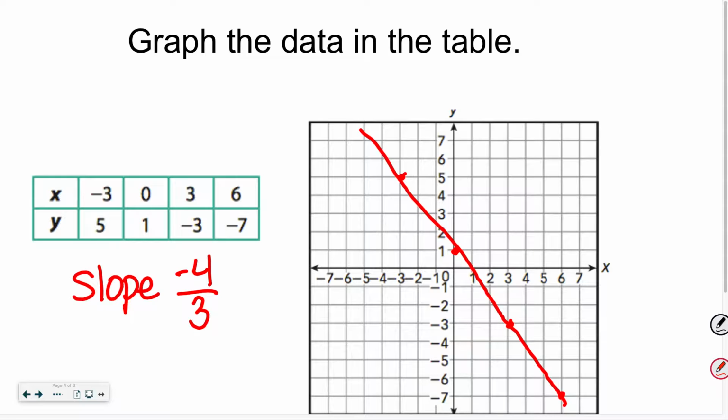Is that true? It is, right? Because 2 plus 2 is 4. So how do I know that all of these points are on that line? Because what happens if I replace the x and the y in the equation? What do I know about the equation? It's going to be the same on both sides.